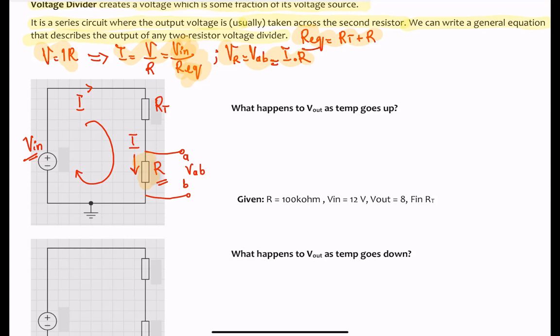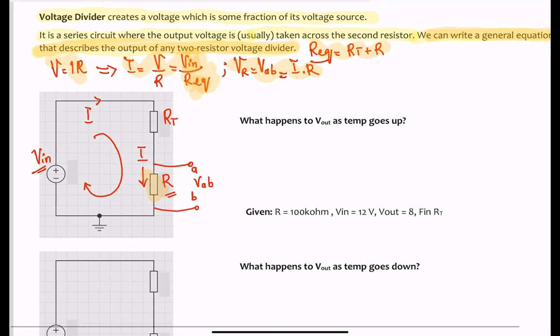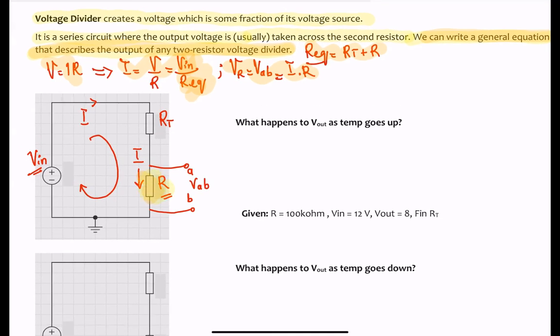How about if we come up with a general equation that describes the output of the two resistor voltage divider? That equation is, again, if you are trying to find the voltage across R here, all you need to do is use this equation.